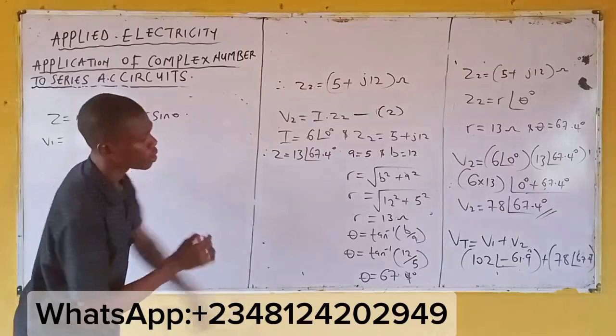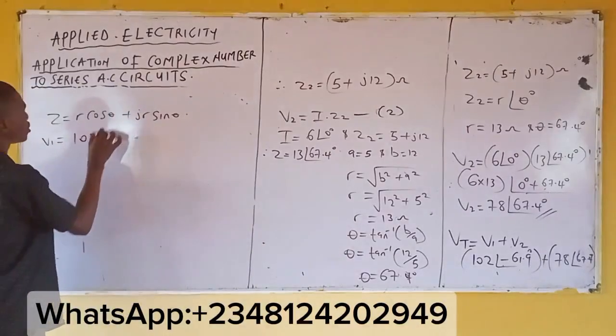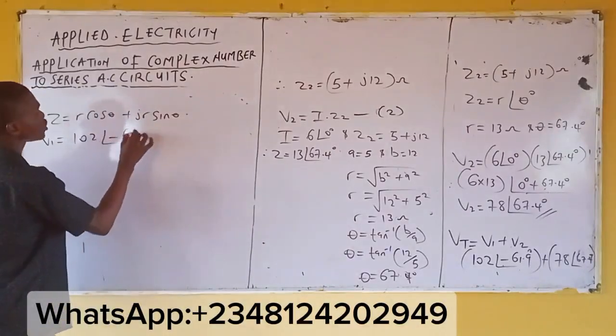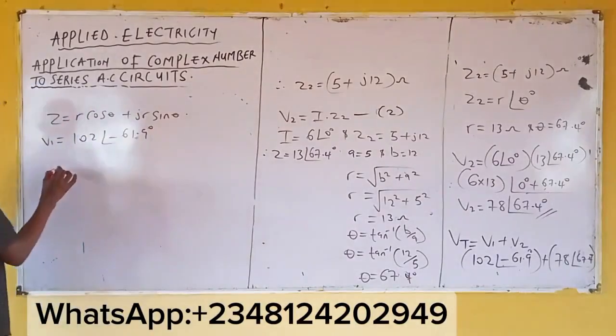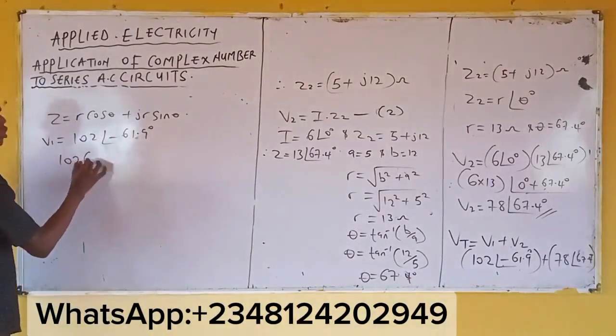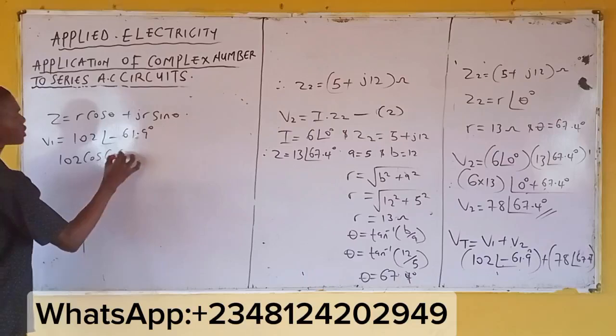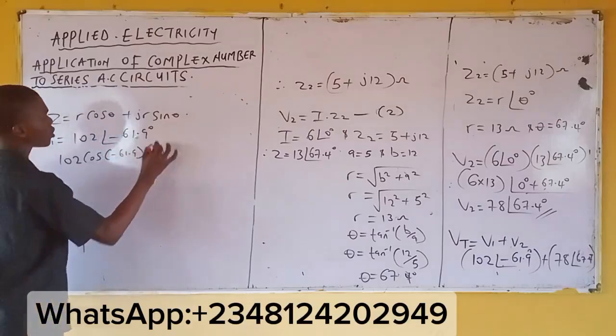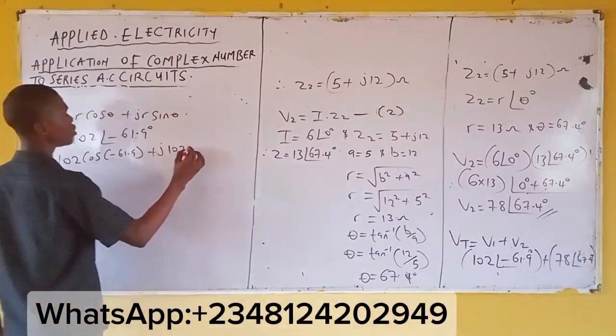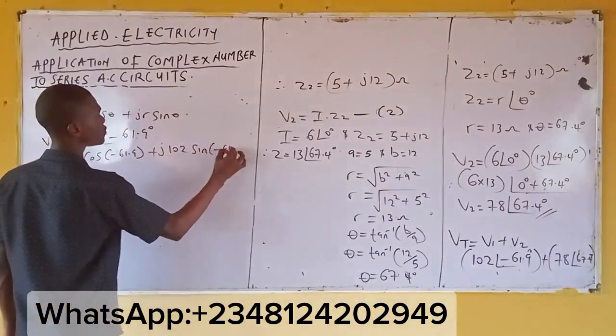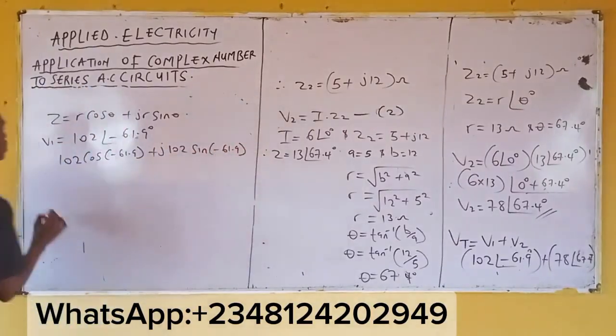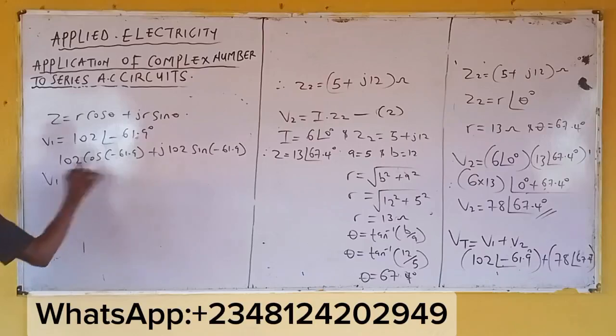What's V1 here? 102 at negative 61.9 degrees, which is the same as writing 102 cos negative 61.9 plus j102 sin negative 61.9. True or false? So let's get the value of V1.